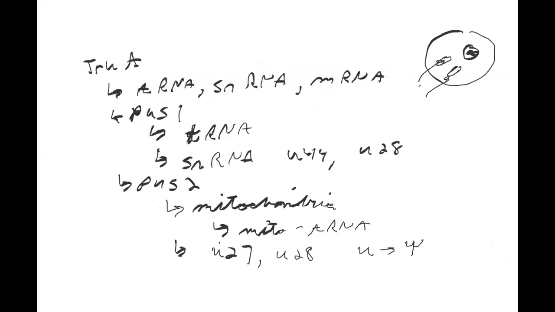Now, the TRUA family modifies transfer RNA, small nuclear RNA, and messenger RNA using PUS1, PUS2, and 3, and I think it's 4. All right, so PUS1 does the transfer RNA and also the small nuclear RNA.